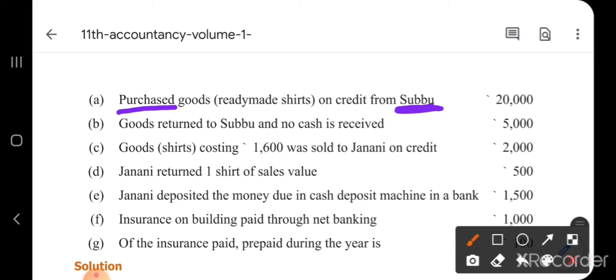Purchase goods on credit from Subbu. That means the stock is increased. When you purchase something, the stock is increased and you are creating a creditor. Who is the creditor? Subbu. You are not making the payment immediately. The payment is made after some time. So creditors is increased to the extent of 20,000.